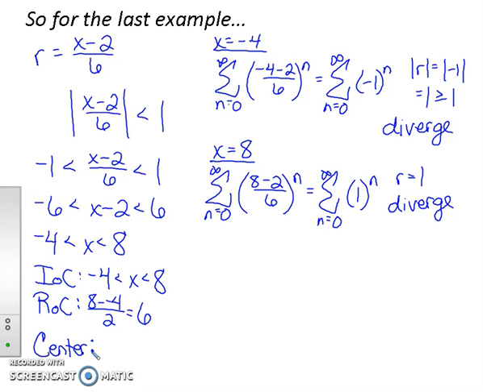It was x minus 2. So the center is x equals 2. Okay, so that means that as long as you choose an x value between -4 and 8, but you don't actually use the number -4 or +8, then this series right here would converge.